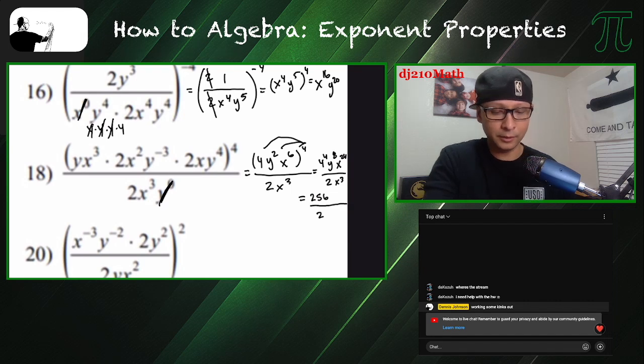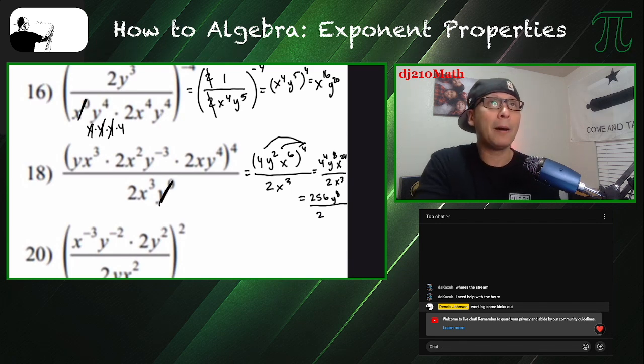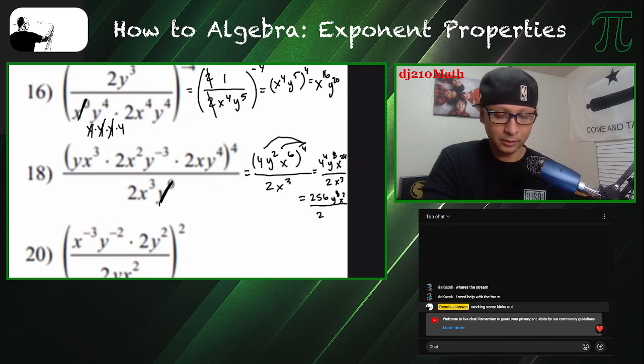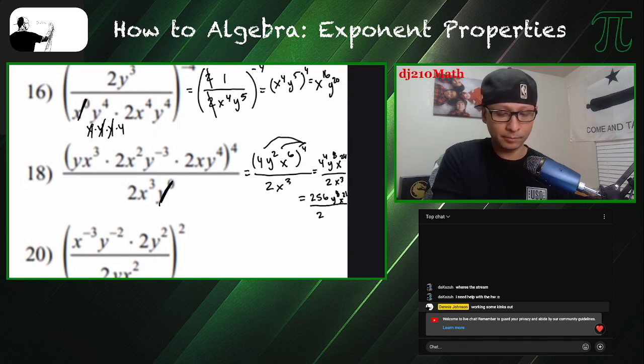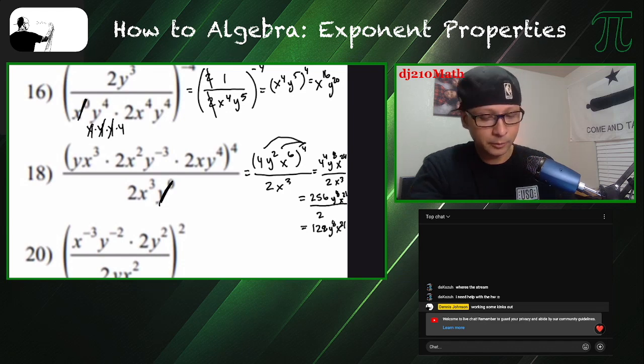Those are going to cancel eventually. y to the 8th. And then 24, top minus bottom, 24 minus 3. So 21. So x to the 21. Half of 256, 128. So 128, y to the 8th, x to the 21st power.